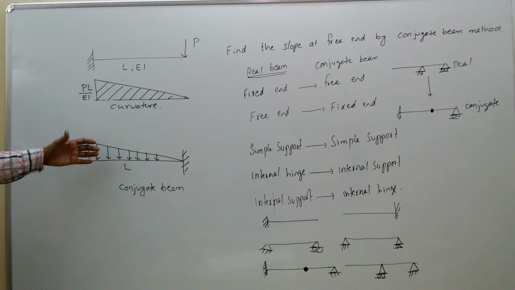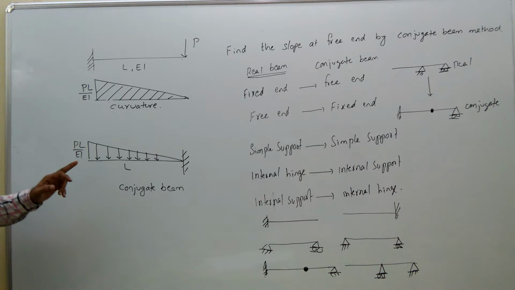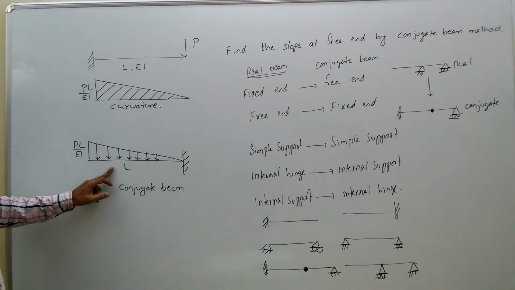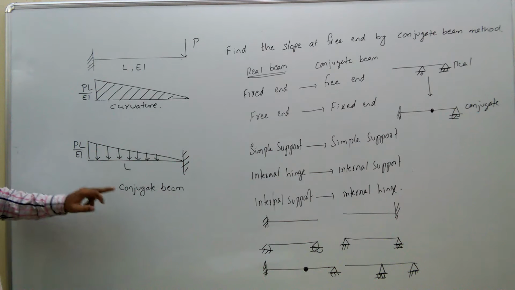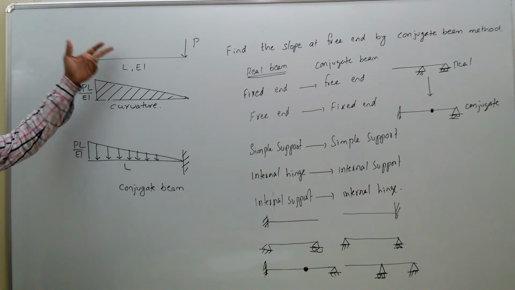Now, the specialty of this conjugate beam is that the shear force at any point in the conjugate beam gives the slope in the real beam.